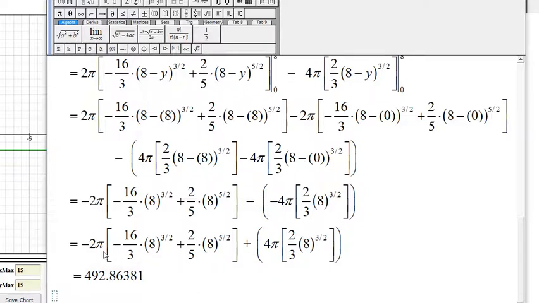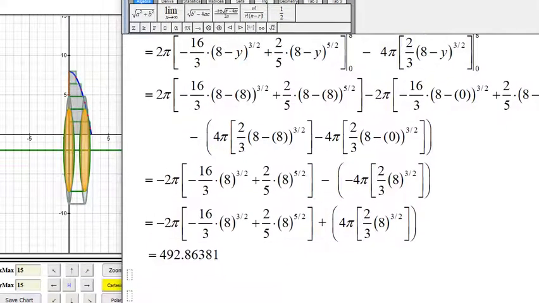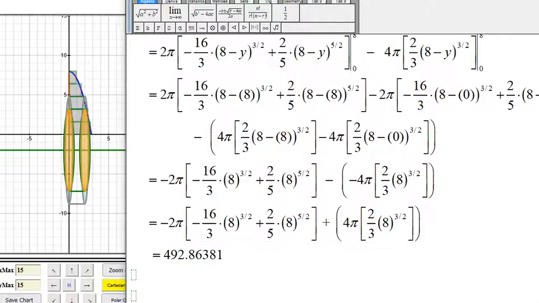And all of this will come out to be 492.86361. So the volume of the solid of revolution is 492.86361.